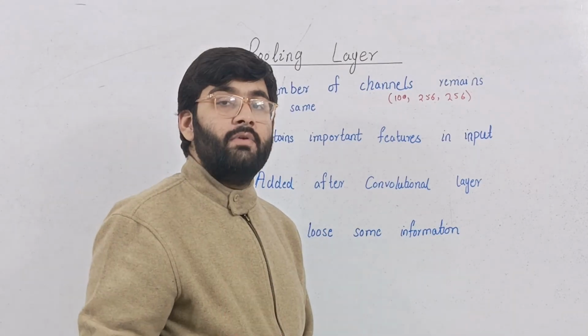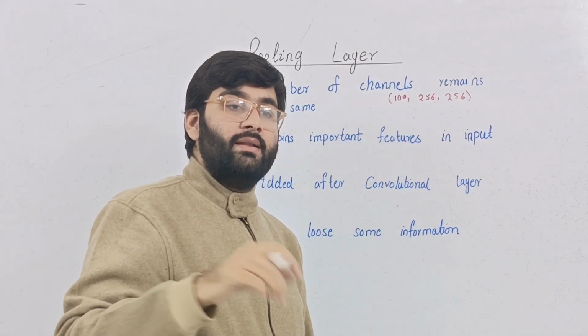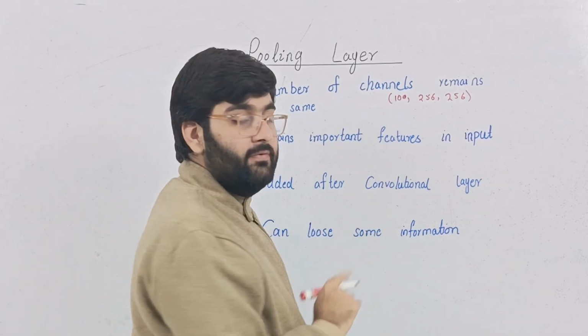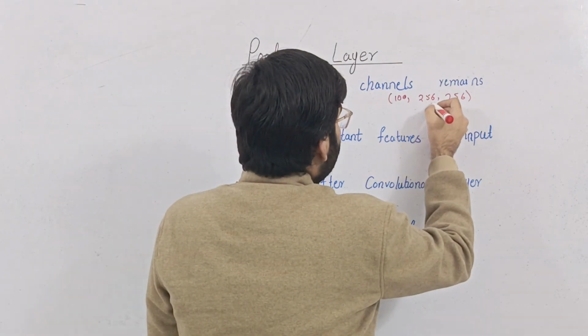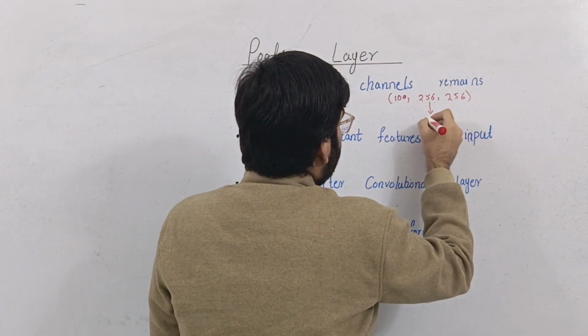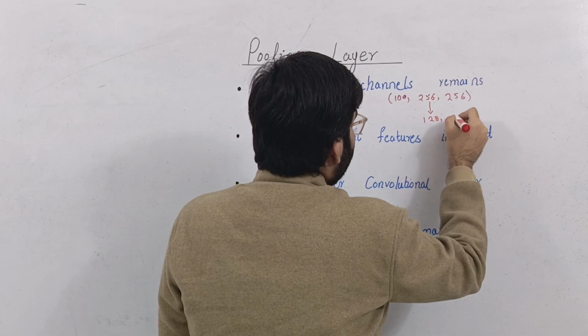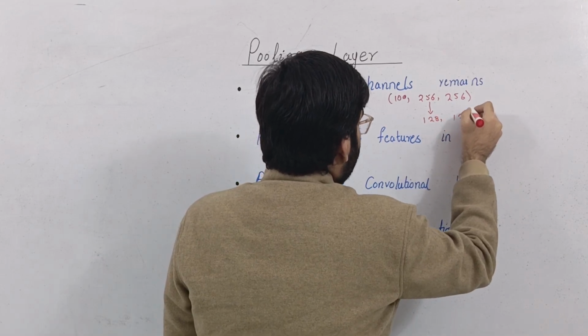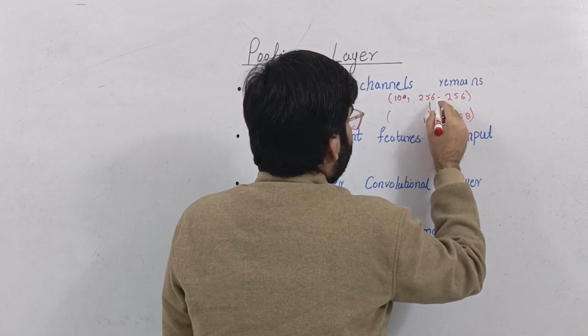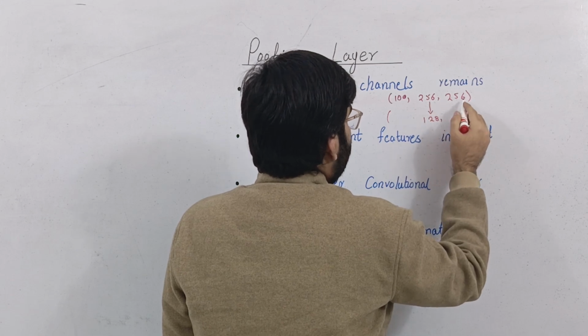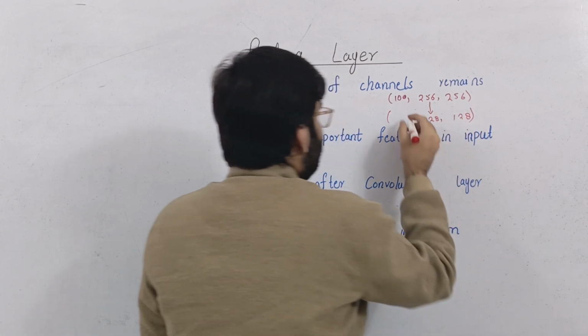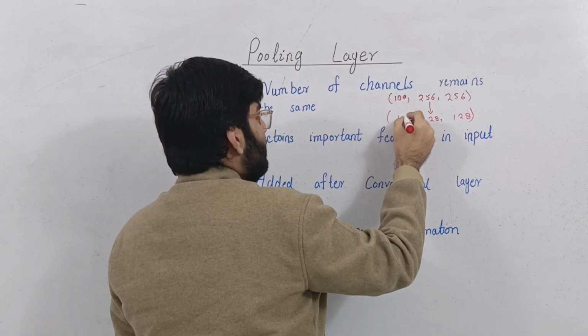The pooling layer works by applying a 2 by 2 kernel and a stride of 2. These will be shrunk to 128 and 128. The width and the height of the channels are reduced to half. The number of channels will remain the same.